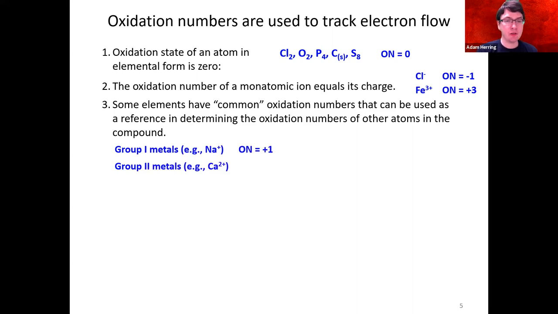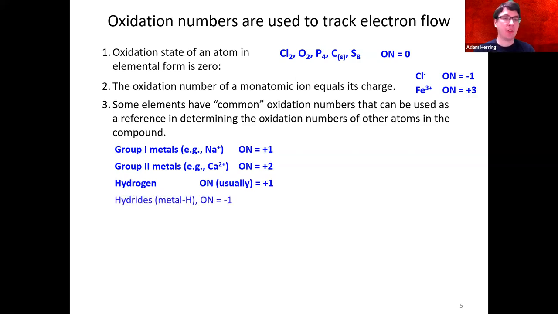Group 2 metals always have an oxidation number of +2 when they're in a compound. Hydrogen will generally be +1 unless it's bound as a hydride to one of the group 1 or group 2 metals. So with sodium and hydrogen, sodium will take a +1 and hydrogen will take a -1.